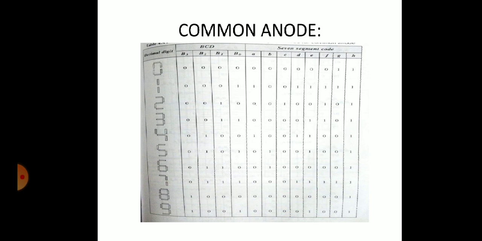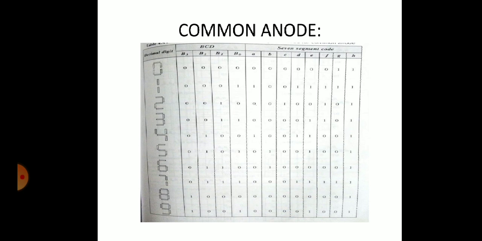If it is common anode type, when it shows 0, the LEDs will blink, and it is represented using 0. So A, B, C, D, E, F will be 0. G will be 1 because it is off. In case of common anode, which one is off, it will be represented using 1, and which will blink, it will be represented as 0. As it is common anode, H always will be 1.